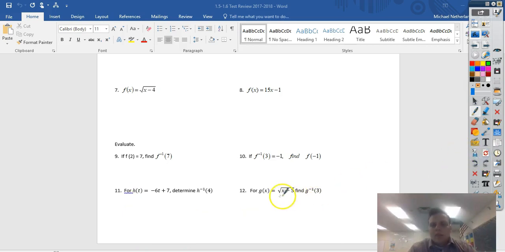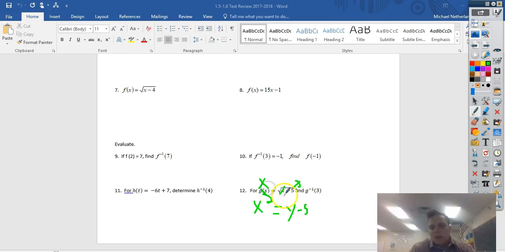Number 12. Same question, just different situation. So first we start out by finding the inverse. So I'm going to switch x and y, and I'm going to square both sides. So I'm going to get x squared is equal to y minus 5. I did a big jump here. I made this y, then I switched it with the x, and then I squared both sides. Okay?